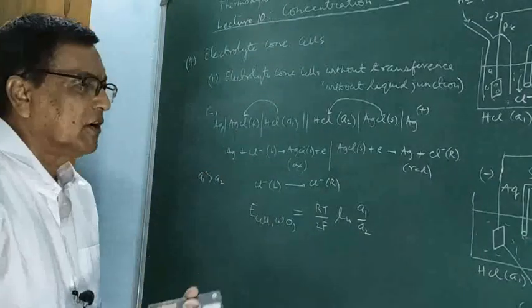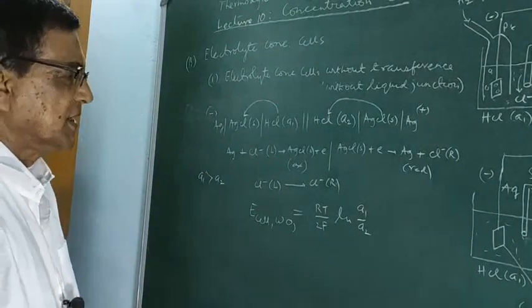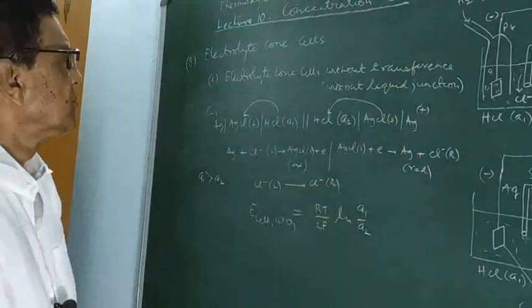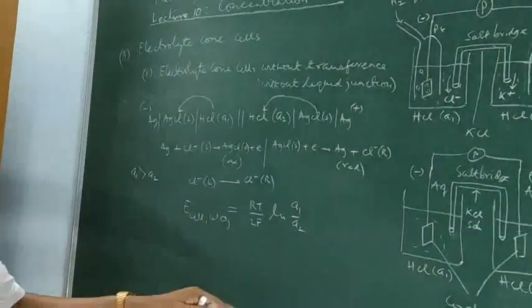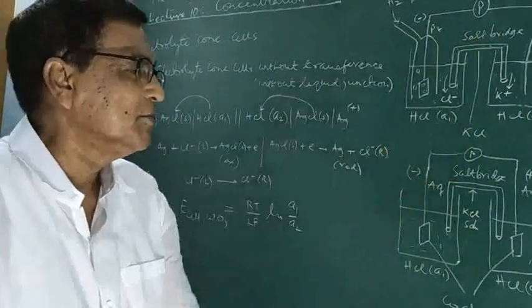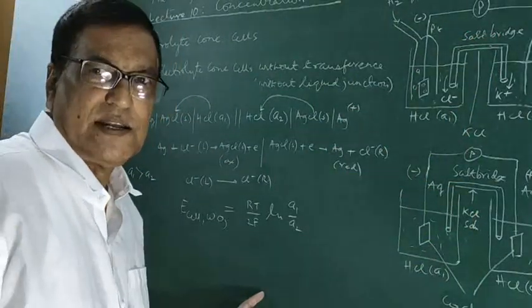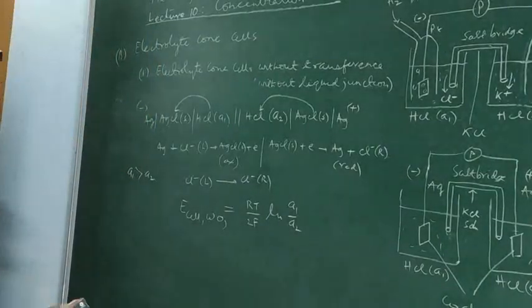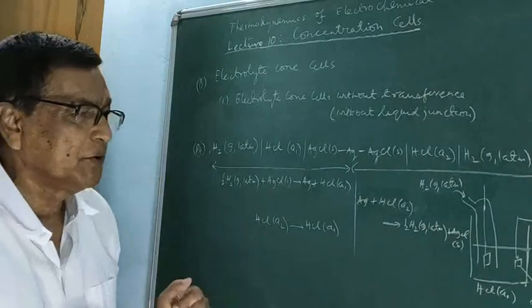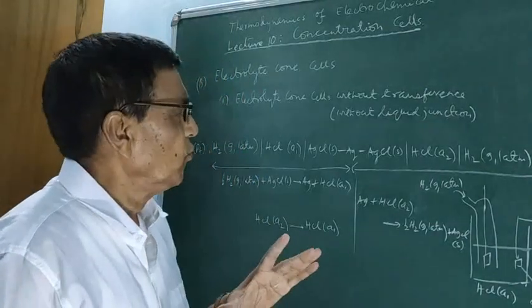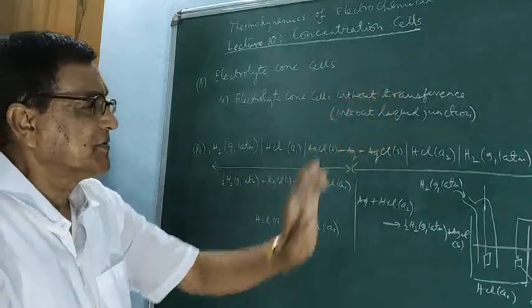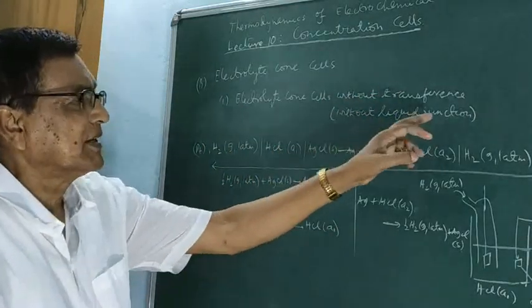So far I have already discussed two types of electrolyte concentration cells, where salt bridges are used to minimize the liquid junction potential. We constructed these cells with a junction.